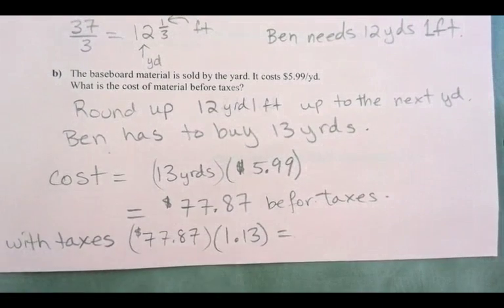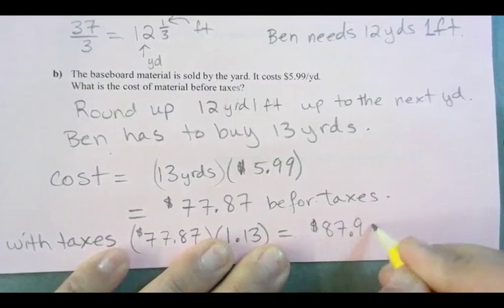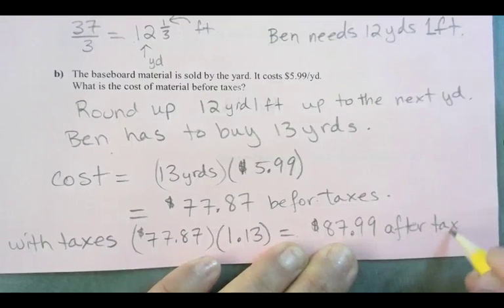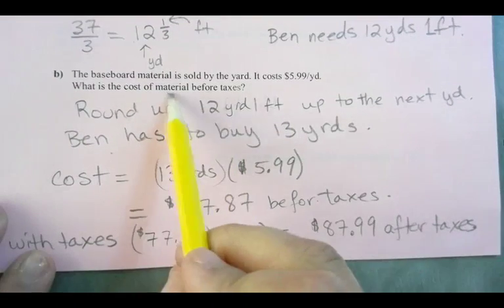So 77.87 times 1.13 equals $87.99 after taxes. It didn't ask us, it just said before taxes.